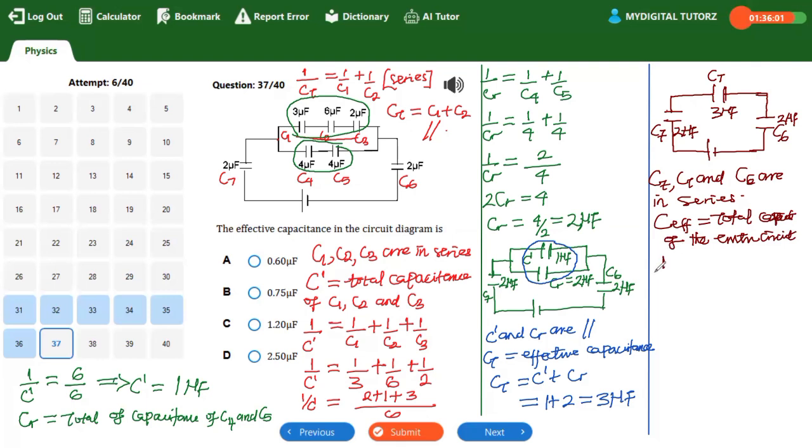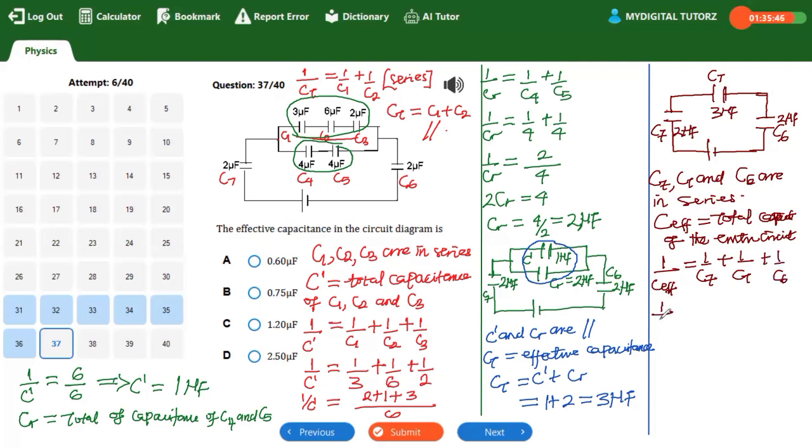So we're going to use the formula: 1 over C effective equals 1 over C7 plus 1 over CT plus 1 over C6.